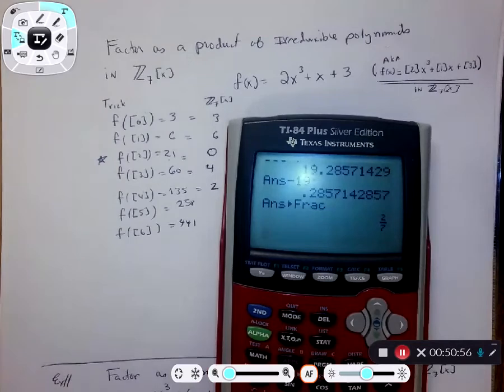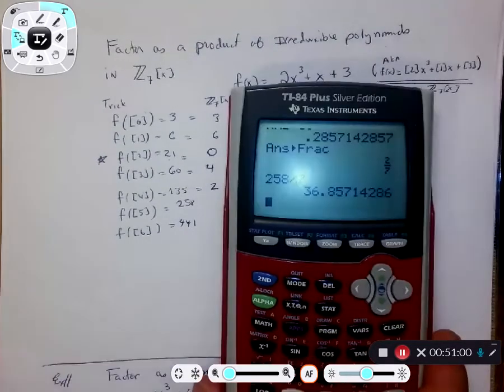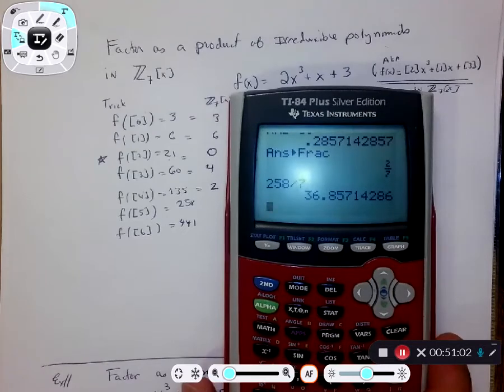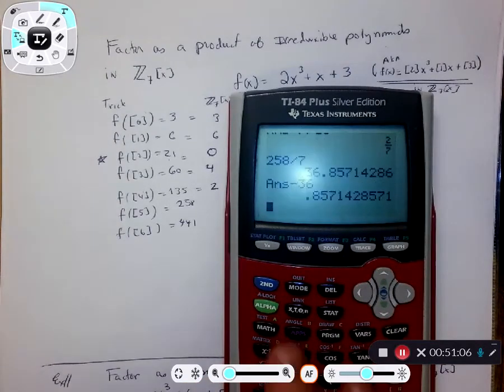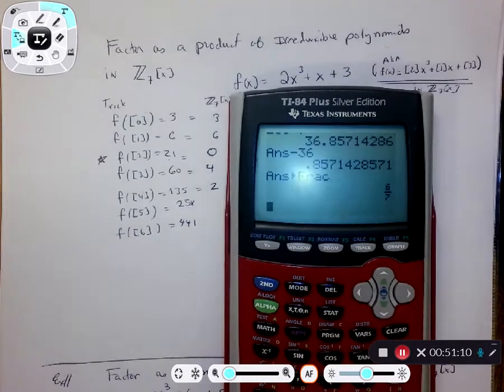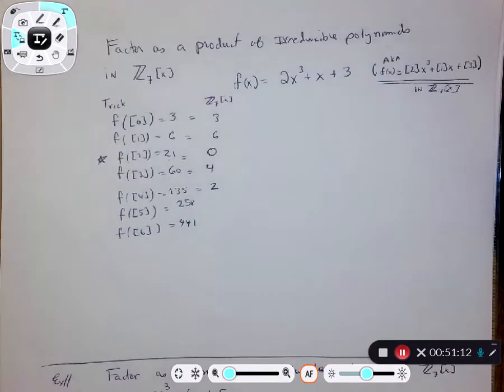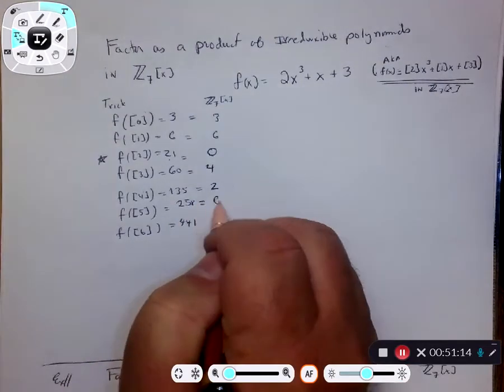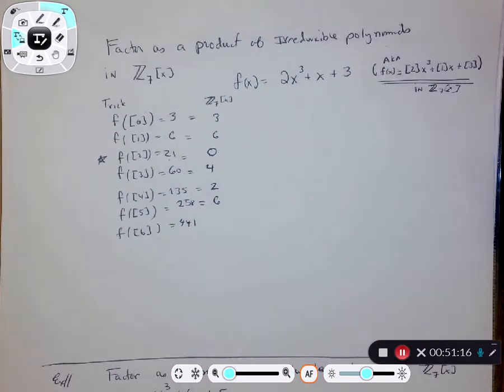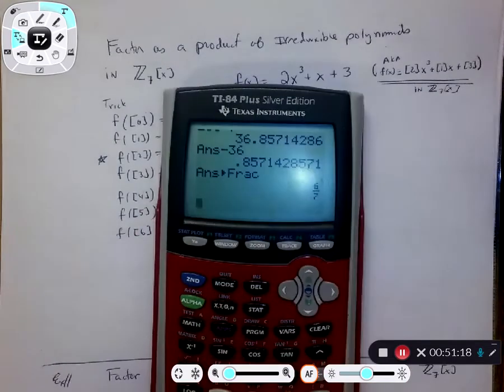258 divided by 7 doesn't go into it evenly. So I'm going to subtract off the whole part, 36, and then convert that decimal into a fraction, and I get 6/7. The remainder is always the numerator out of 7. And the last one is 441.